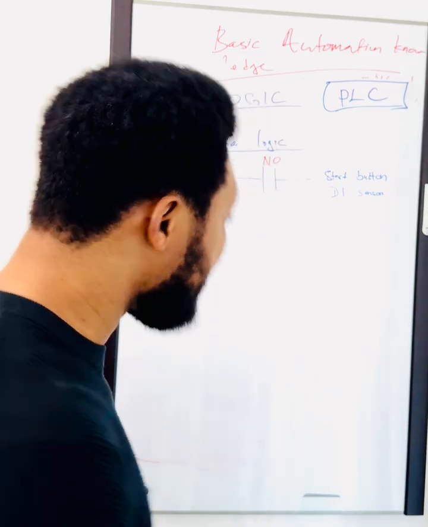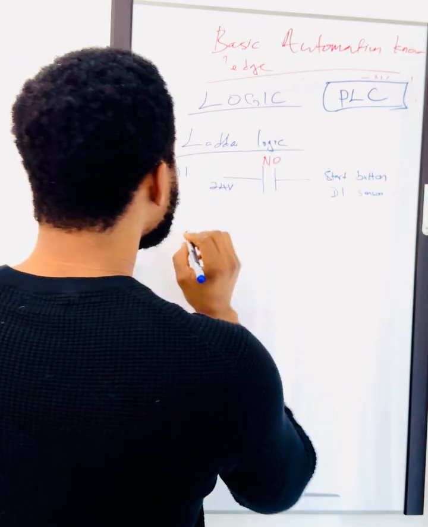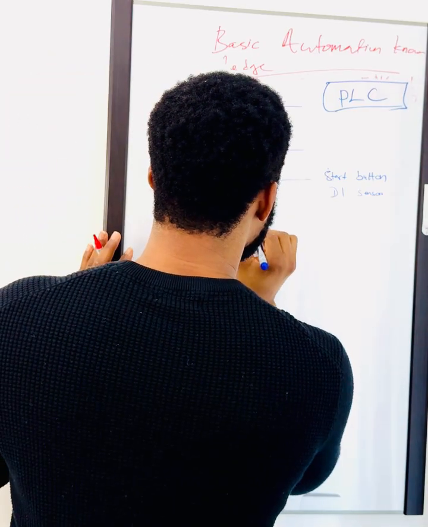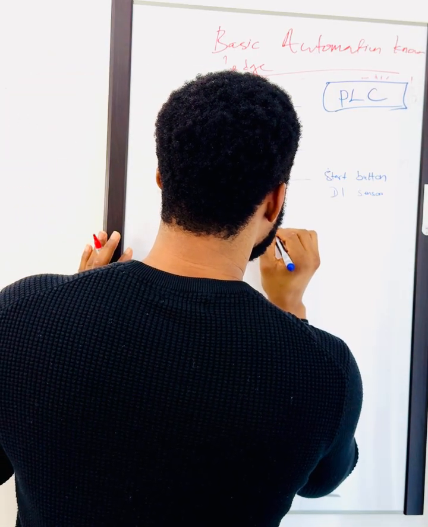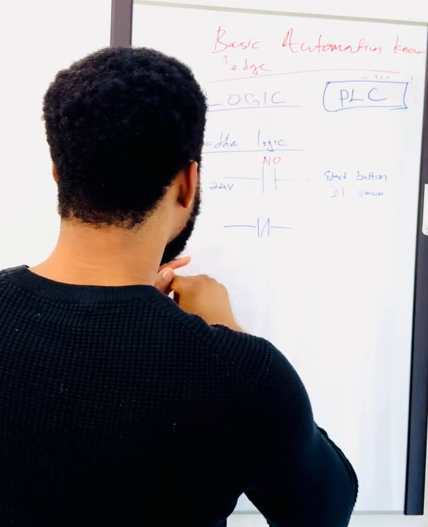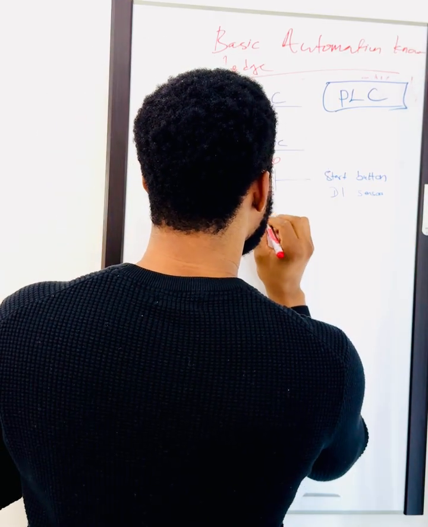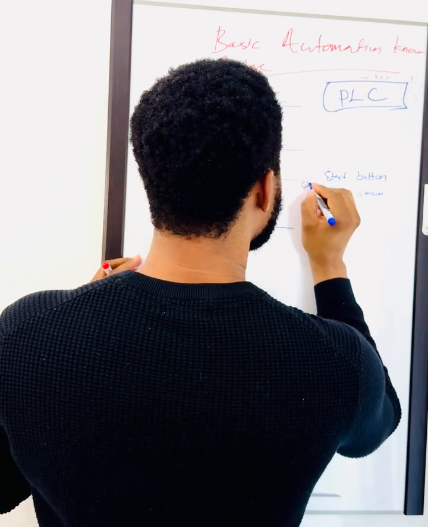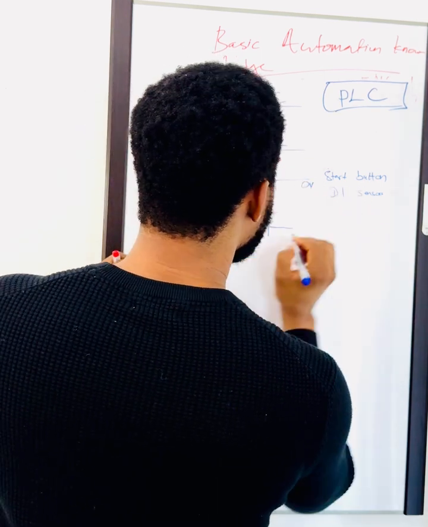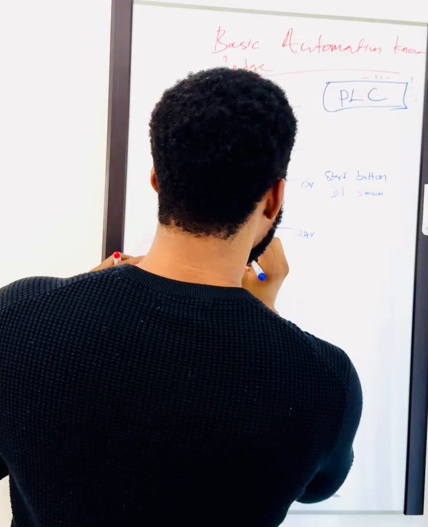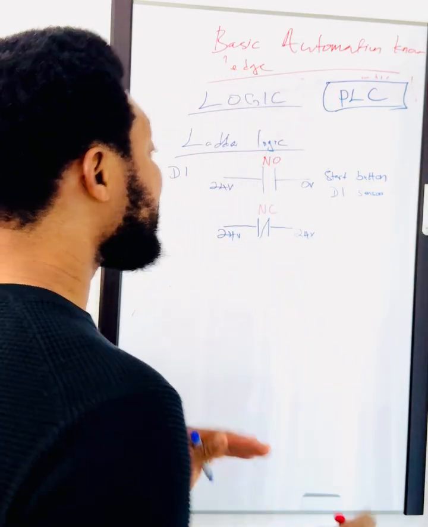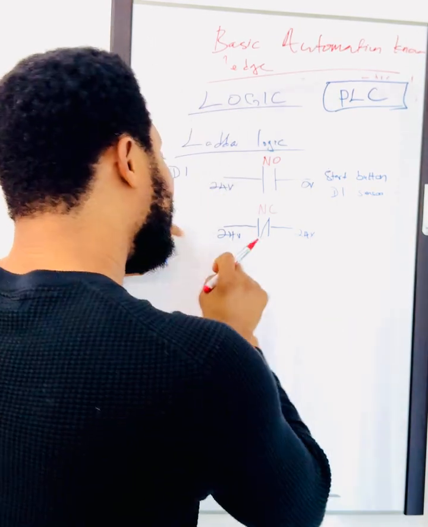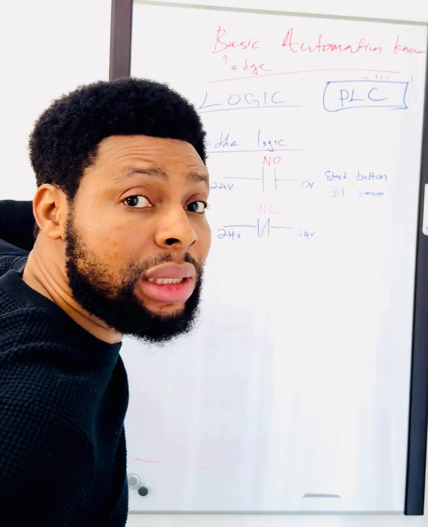Are we getting it now? The second one, another one of these, can also be normally closed. So this place, you are going to have 0. But here, if you have 24, you're going to have 24 here. Meaning it's already closed, like if you connect the cables, voltage, current will flow.